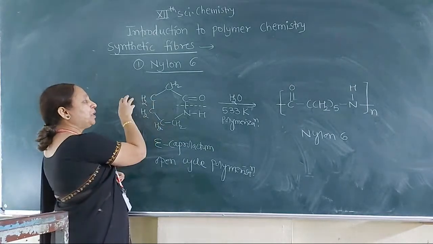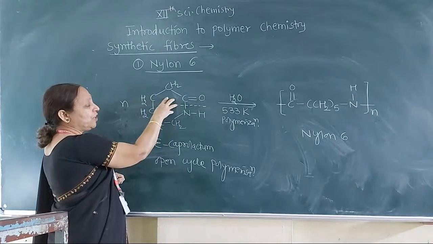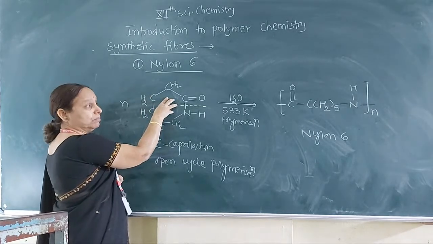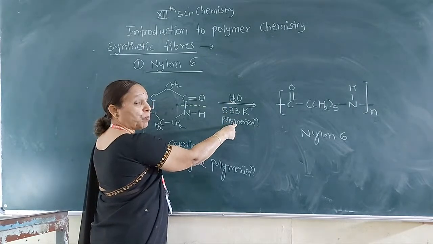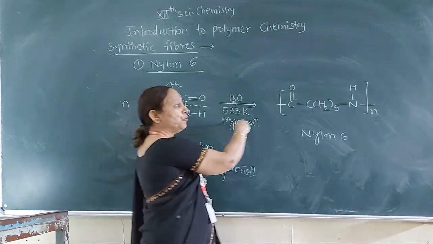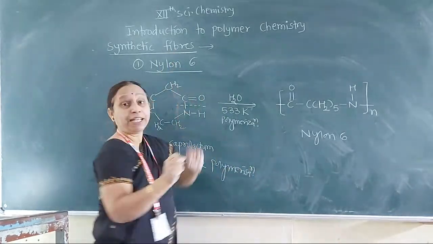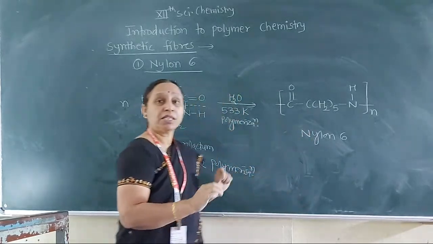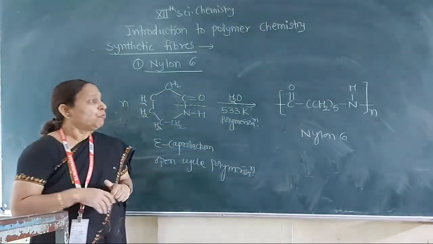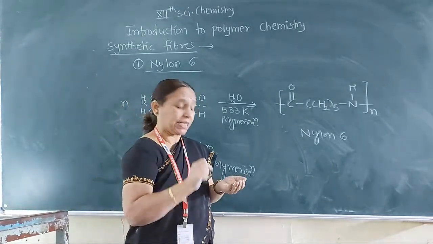Thus monomers, many molecules of epsilon caprolactam on heating with water undergo polymerization to form a polymer, which is a synthetic polymer, synthetic fiber, nylon 6. Why is this fiber known as nylon 6?